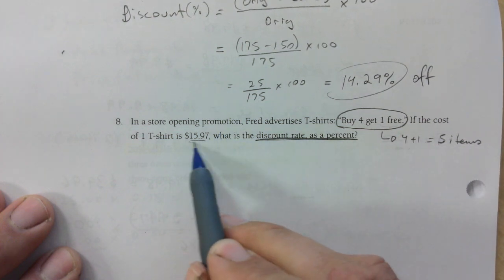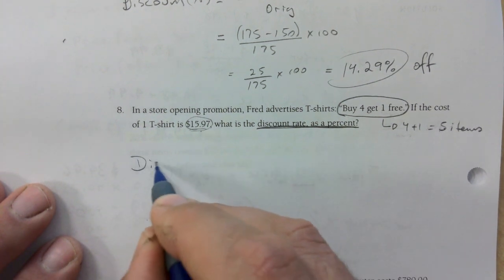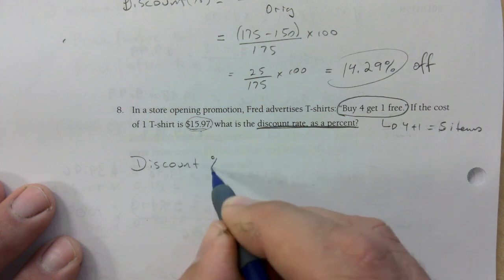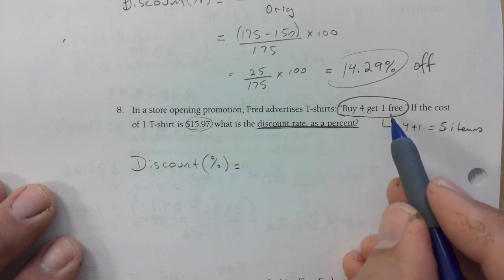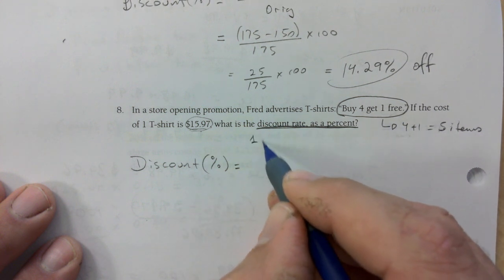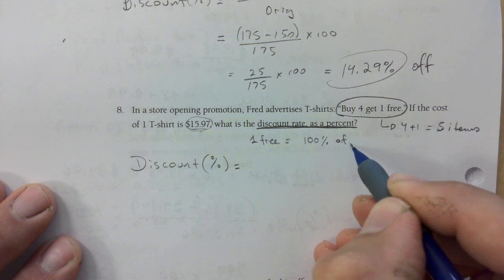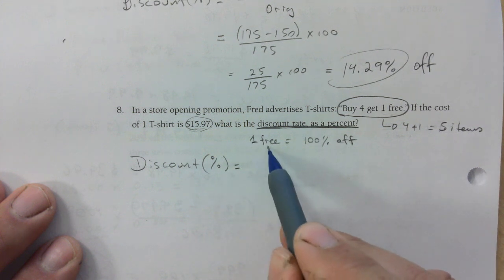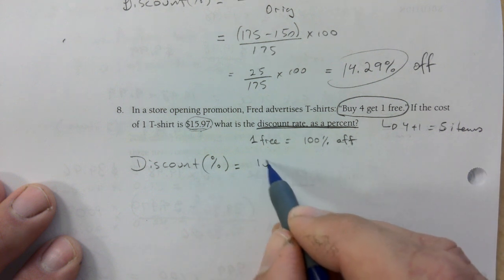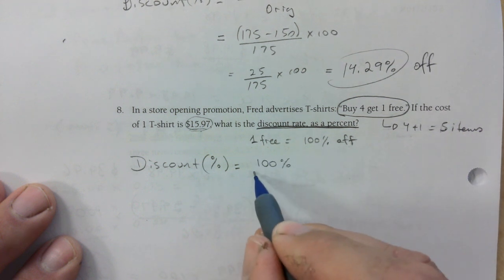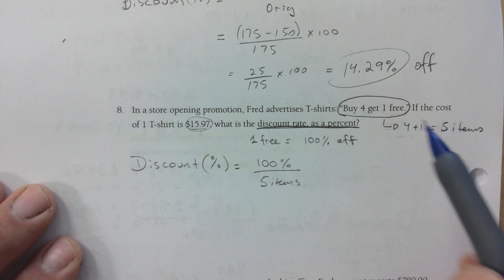Now, I don't know why they threw that in there. I think it's to confuse you. But really, when you have a question like this and you want to know the discount percentage, one free item means that you're getting it 100% off. So it's 100% distributed over 5 items. It's based on the wording.